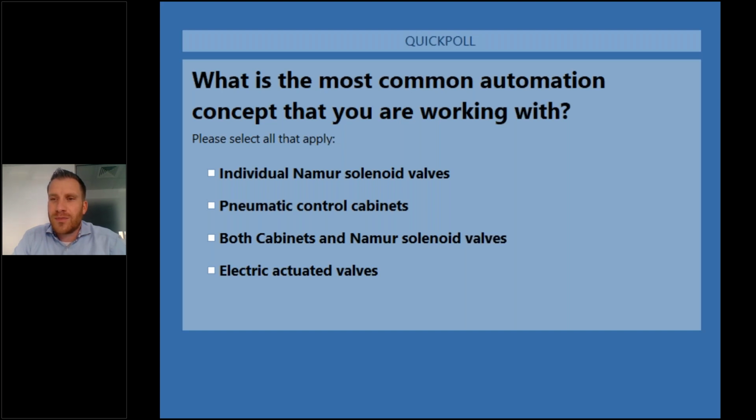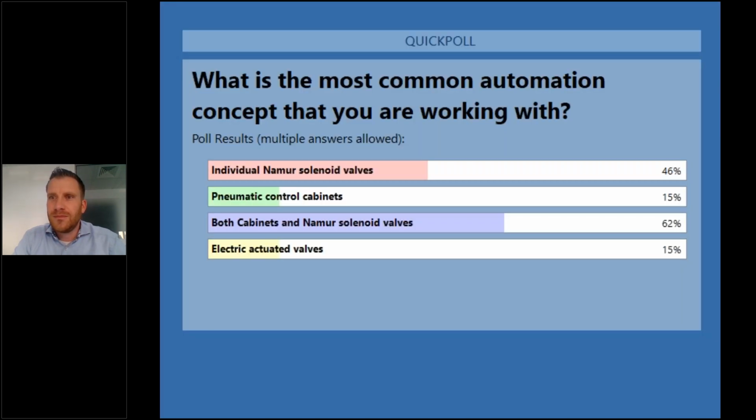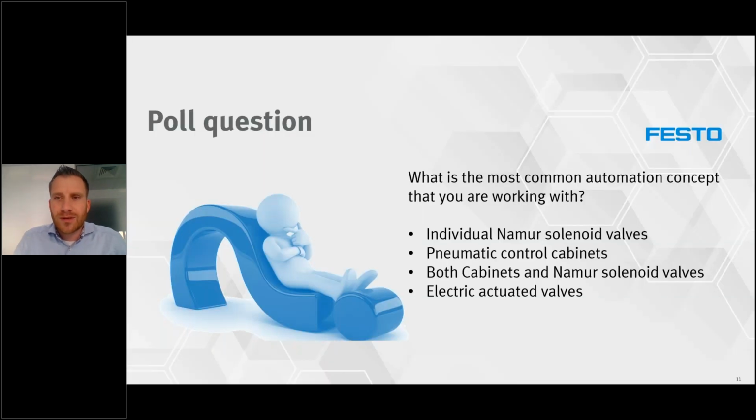We see a good spread between control cabinets and Namur valves, as well as individual Namur solenoids. Really good. As of today, we will focus more on the control cabinets, but definitely for the future, we will also go more into the individual components.